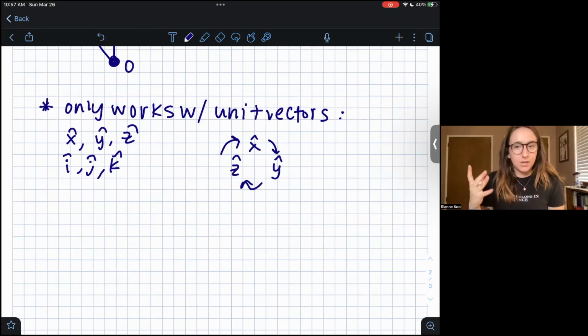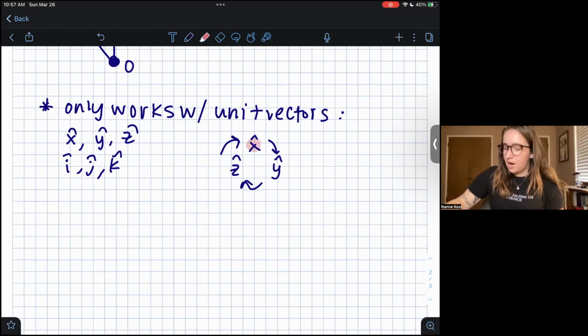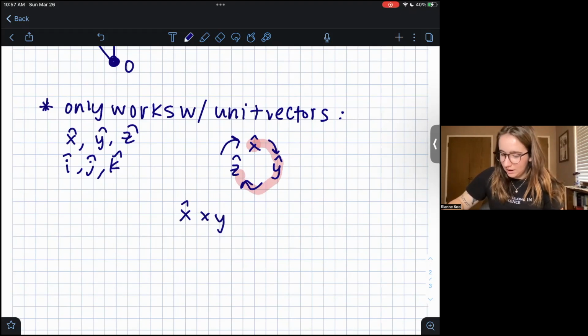This is helpful for something short, if you need to know the direction quickly, and you know that they're only in unit vector form. You can say, okay, I'm going to start at x and I want to know what x cross y is. It's going to be z. So x hat cross y hat equals z hat.